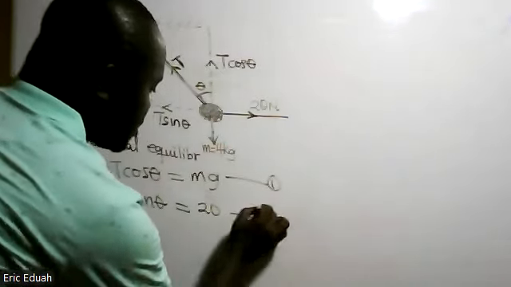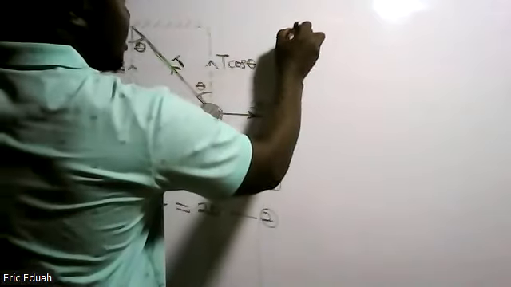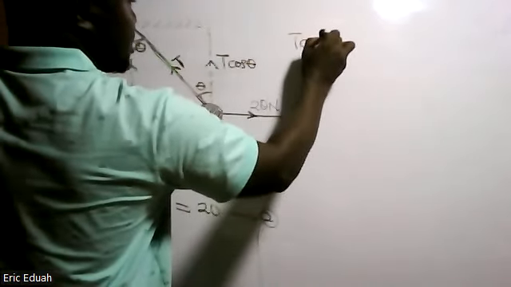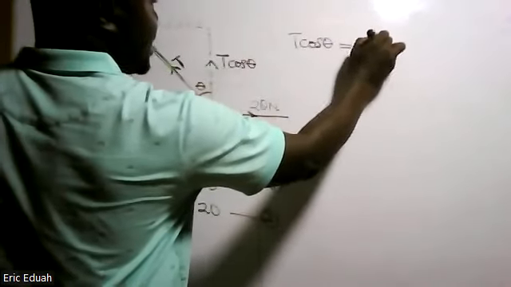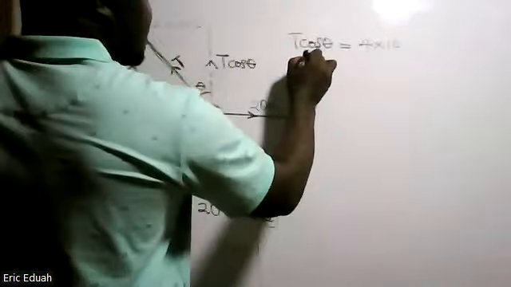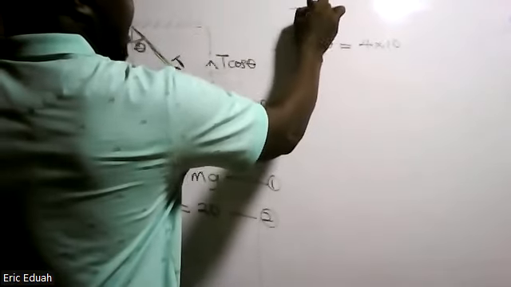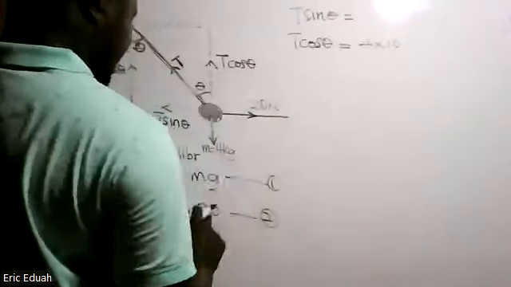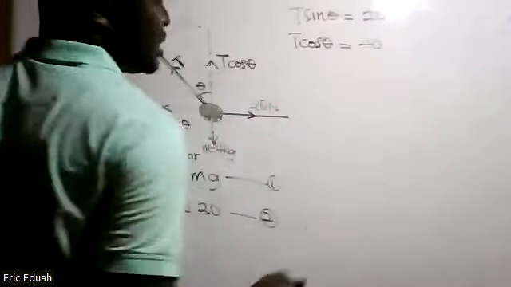Equation 2. Now, T cos theta would be equal to 4 times acceleration due to gravity, which is 40. So this is 40, this is 20.